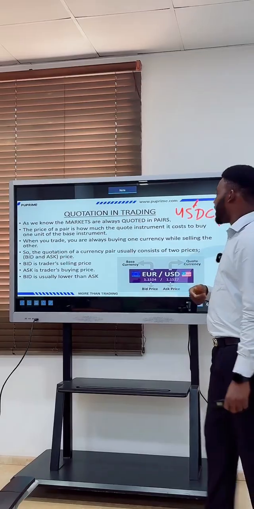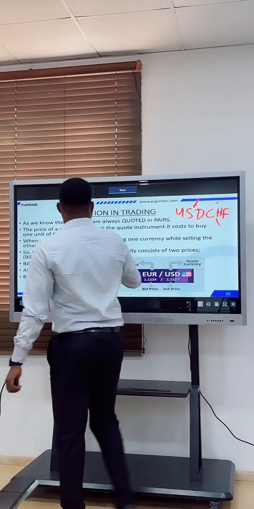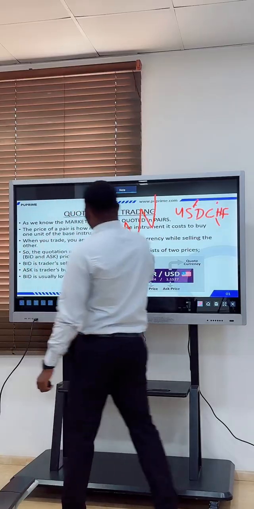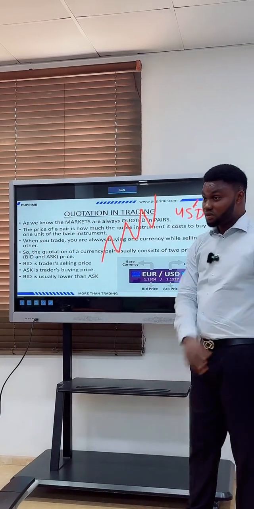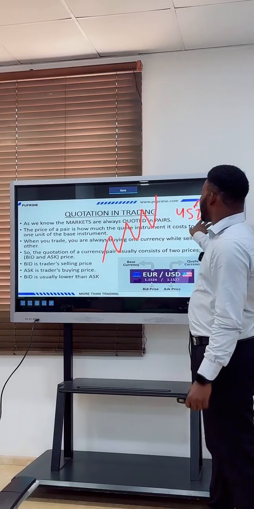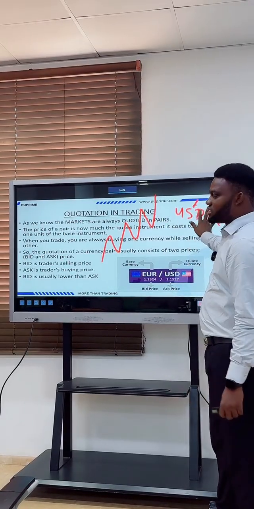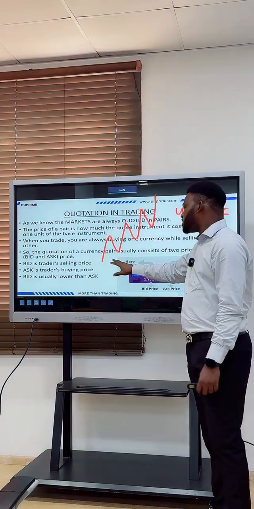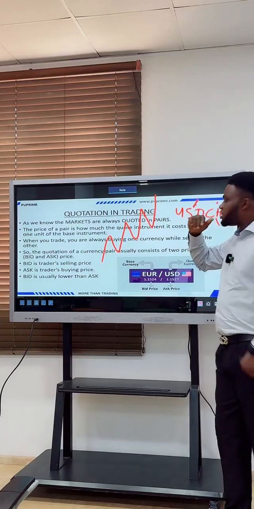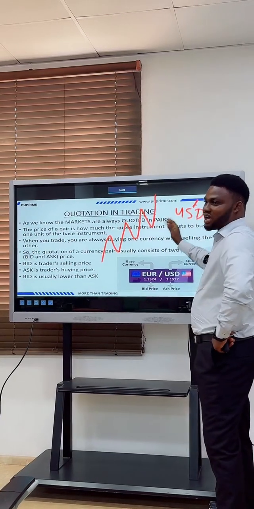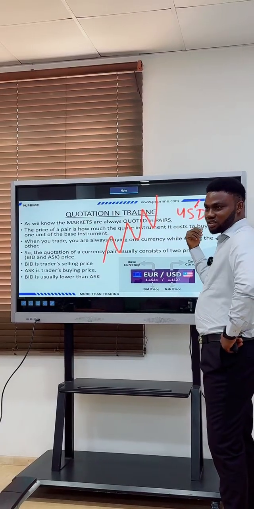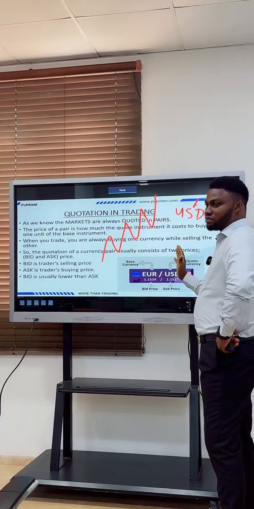Now, it's also important to know that if we have, let's say, this is an uptrend, right? Now, if the pair, let's still stay with USD CHF, what it simply means is that the US dollar has gained more strength than the CHF in the market over a span of time.